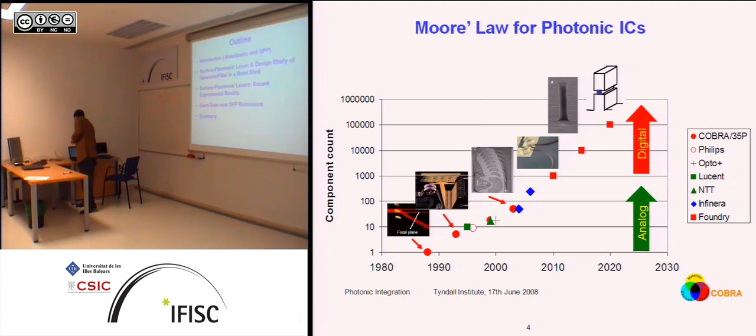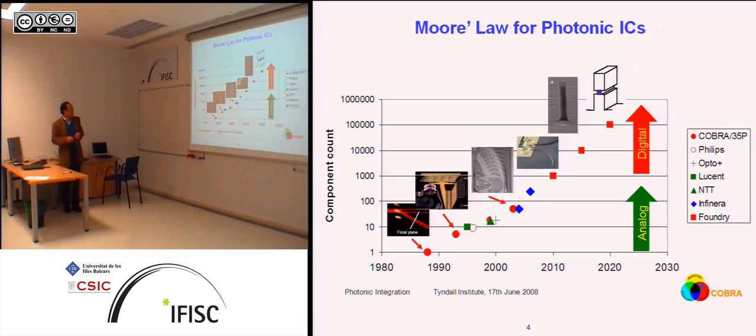Okay, so the motivation. This is actually a claim, a copy from Cobra, you know, at Eindhoven. The Moore's law for photonics. This is the number of components per unit area, I think per square centimeter, and this is the timeline over the decades.